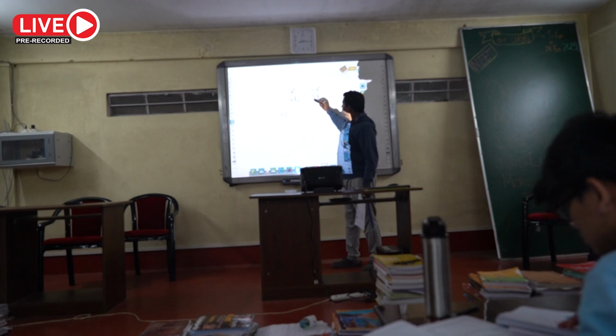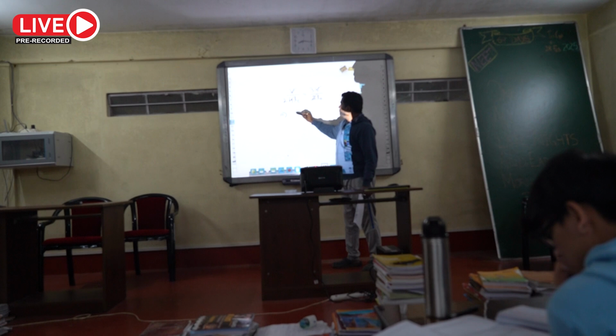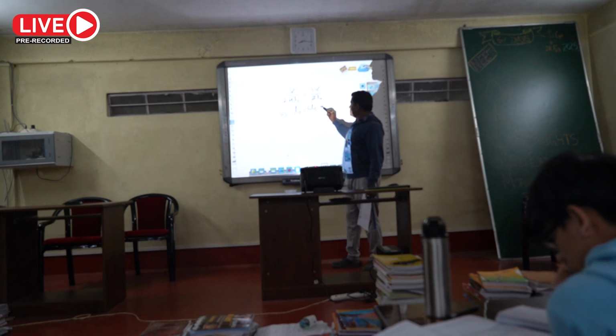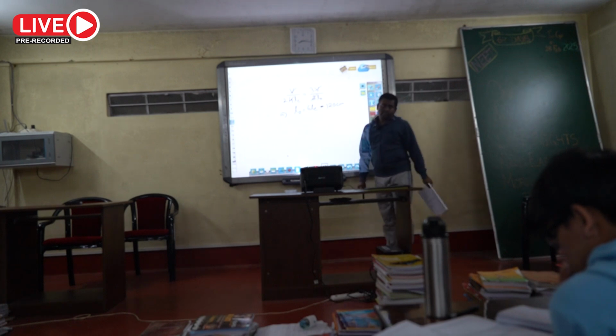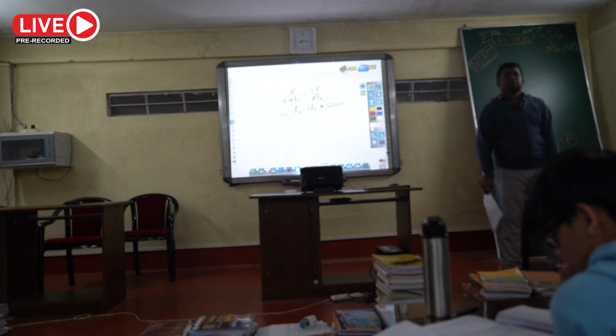This V cancels, this 2 cancels. So you have to find L open equal to 6 LC. It is given 20, so 20 into 6, that is 120 centimeter.